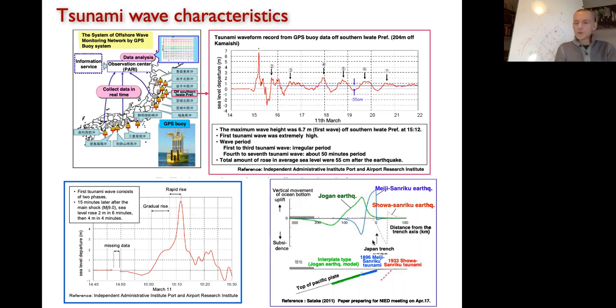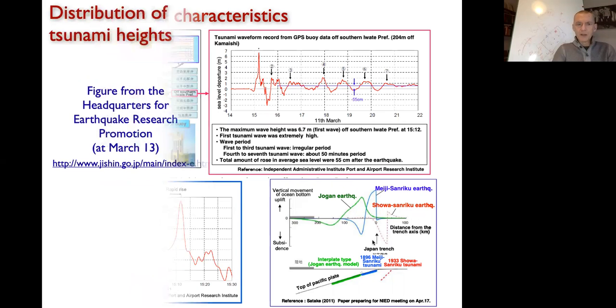And actually, even if the tsunami of March 2011 was a sort of a surprise, it actually should not be, because in the past, similar events occurred on the Japanese coast. And we will see this also at the end of the lecture.